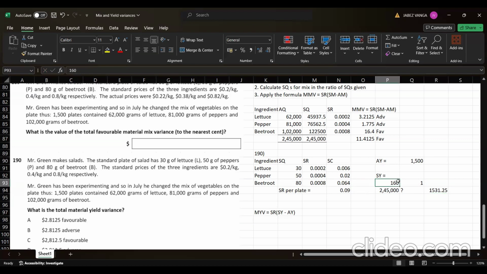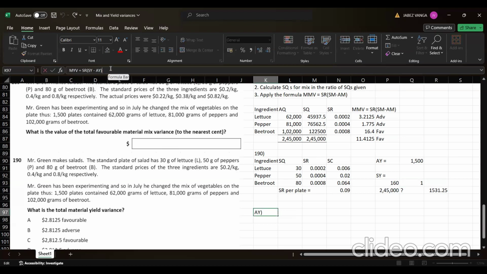With 160 grams, one plate can be made, that is given as standard. The standard plate of salad was 30 grams of lettuce, 50 grams of pepper, and 80 grams of beetroot. So when the total standard quantity is taken as 245,000 grams, the number of plates that can be made is 1,531.25. We just have to substitute the values here in material yield variance.